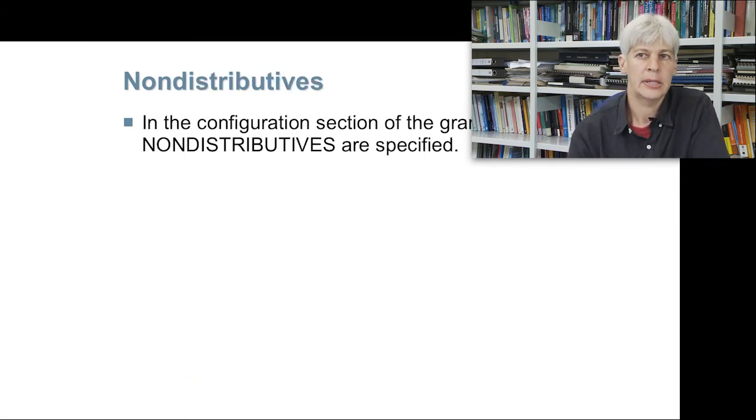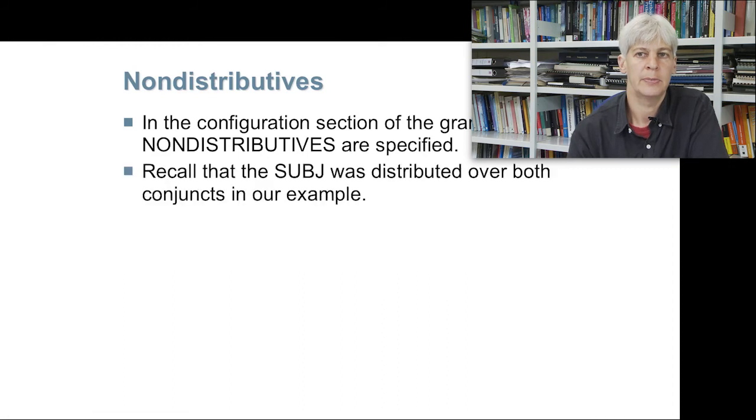In the configuration section of the grammar, you have this thing called non-distributives. The non-distributives are specified right now as number and person, so you're not distributing these across all parts of the conjunct. These are exceptions, so the grammar knows not to try to distribute that information. It will try to distribute all the other information. Remember in the example that we had with the dog slept and ate a bone, that the subject was distributed across both conjuncts.